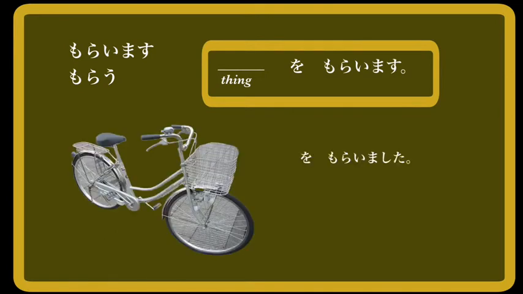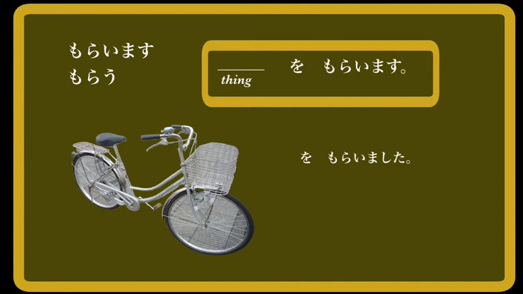The verb in Japanese to say I receive is moraimasu. Morau. Moraimasu. It's a strong verb, so we need to change it as we do our strong verbs. The thing o moraimasu is the expression, once again using o after the object.